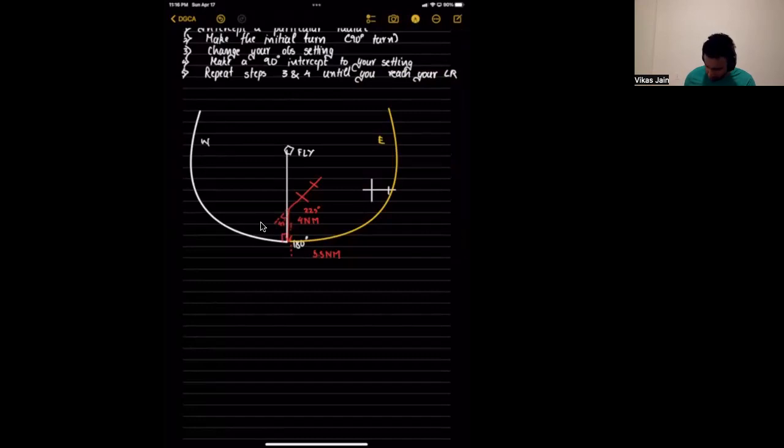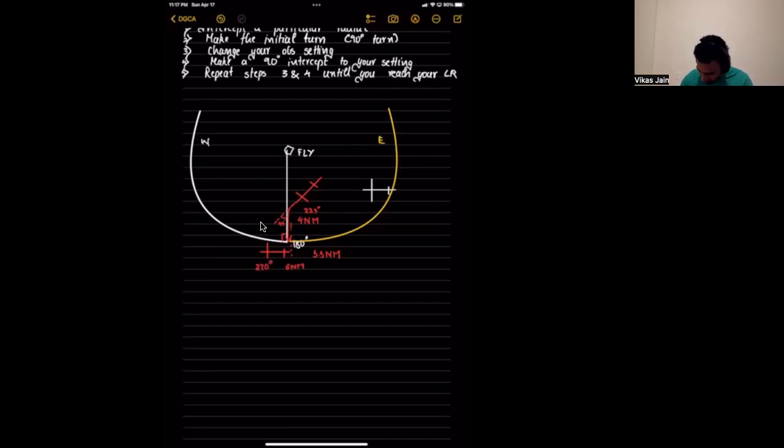You know, you're making a 90-degree turn. So your nose at this point, when you make the 90-degree turn, you will be at 6 nautical miles and your heading will be 180 minus or plus 90, minus in case of east and plus in case of west. So your nose will be pointing to a direction of 270 degrees. So this is what you'll be seeing on the heading indicator.